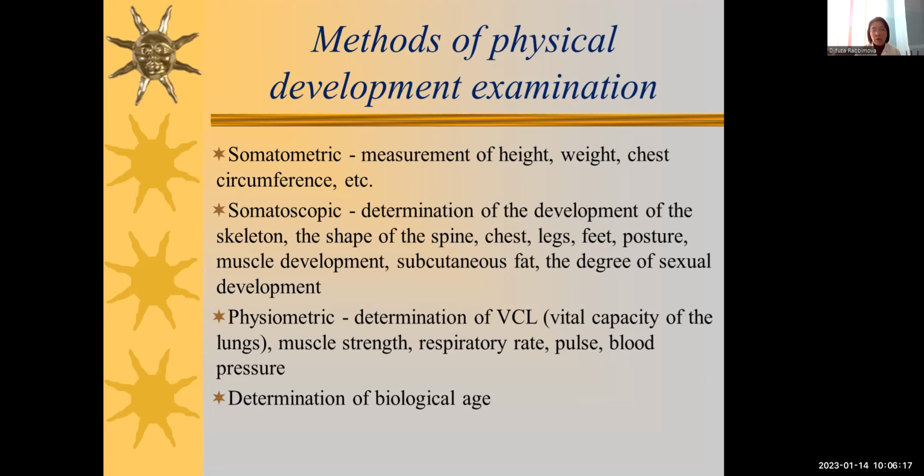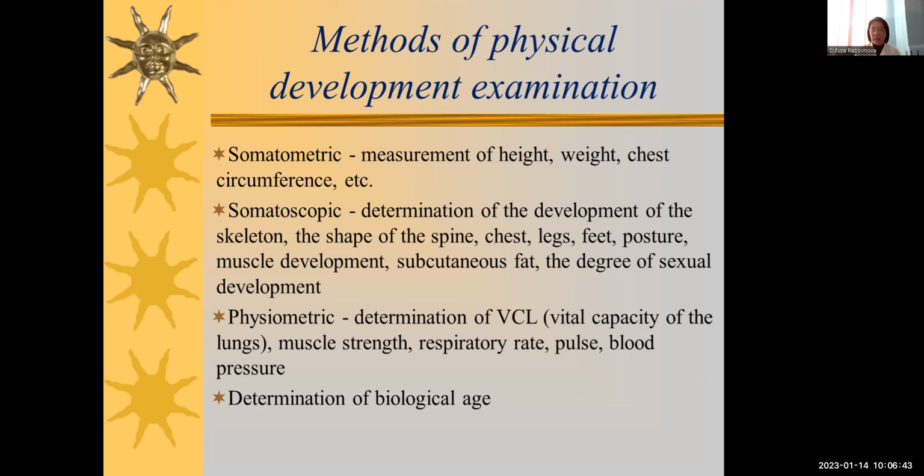We also use the somatoscopic method: determination of the development of the skeleton, the shape of the spine, chest, legs, feet, posture, muscle development, subcutaneous fat, and the degree of sexual development. In some cases, we should use the physiometric method.